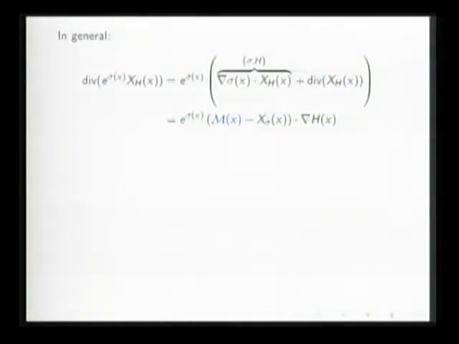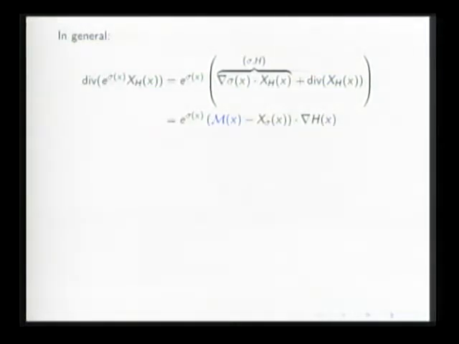But this is Hamiltonian-like, so the derivative of sigma along X_h is exactly the same thing as taking the derivative of h along minus X_sigma, just by skew symmetry of the Poisson bracket, or the almost Poisson bracket. So what I end up with is a correction of the modular vector field by a Hamiltonian vector field.